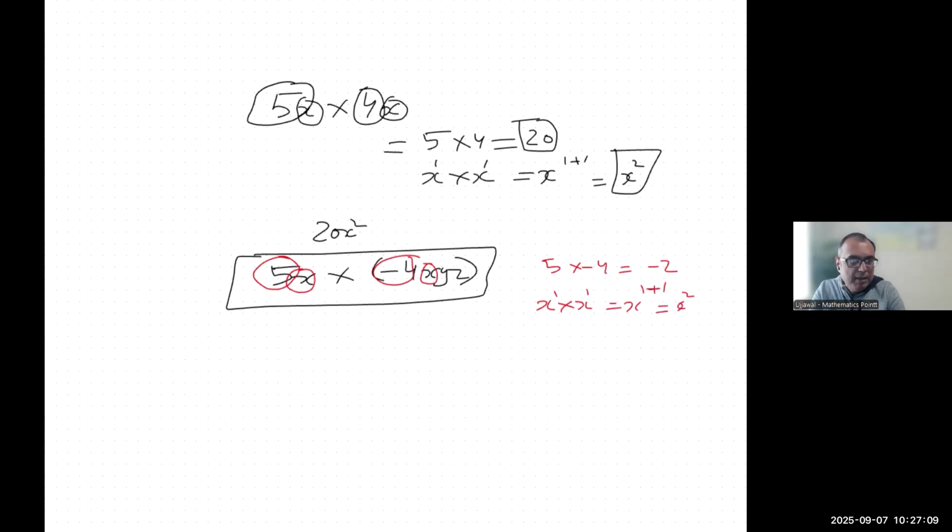Then you have another y, but there's no y here. So y remains as is because there's nothing here. Or I can say y times 1 is y. And then you've got z times 1, which is again z. So the answer is, you combine all of them. Negative 20 x squared yz. Good job.